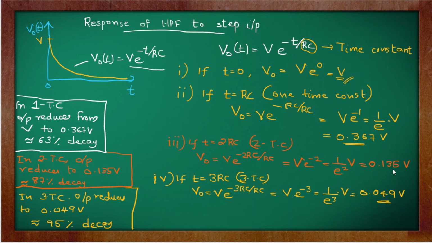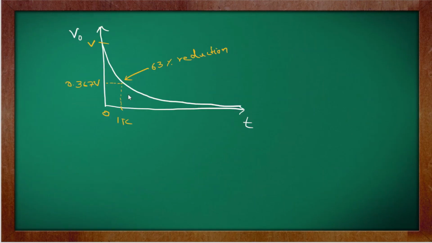If t is equal to 2RC, it becomes 0.135 V. So that means almost 87% reduction. 87% reduction will happen in 2 time constants.